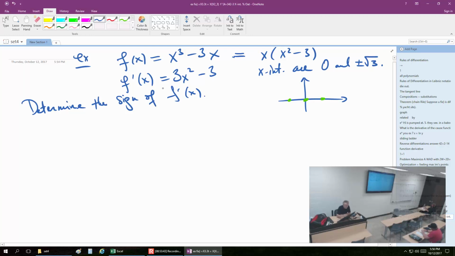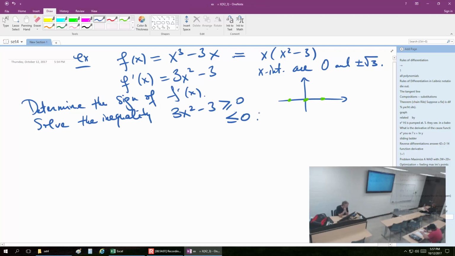Well, in other words, what it means is to solve the inequality. We're solving the inequality 3x squared minus 3 larger than or equal to 0, and less than or equal to 0, so we need both. Okay, so we need to find all x's for which the function is negative and all x's for which it is positive.